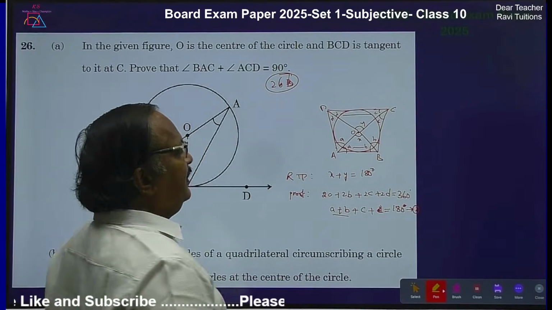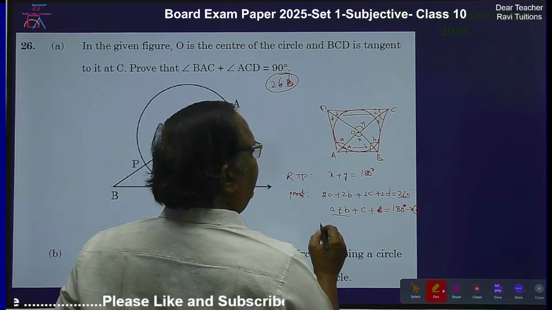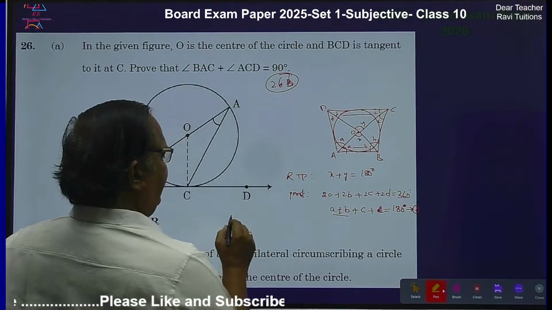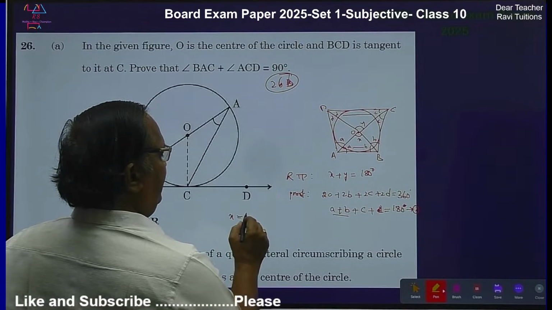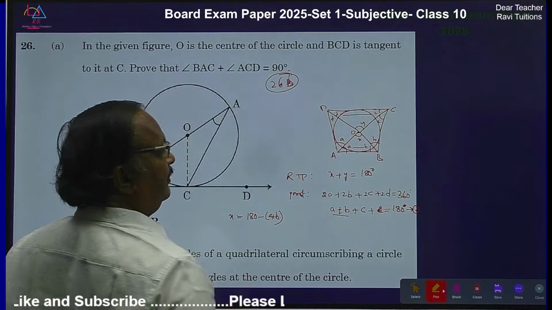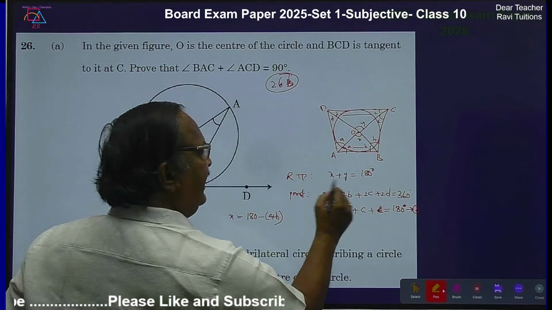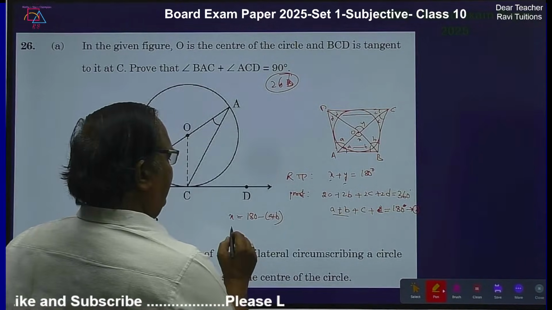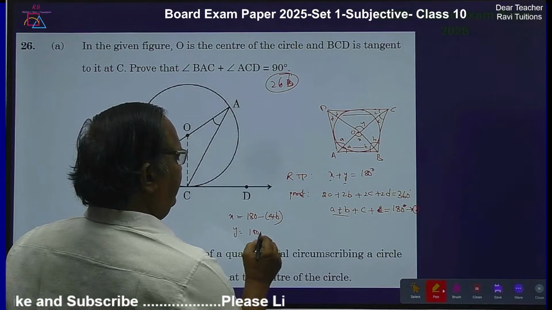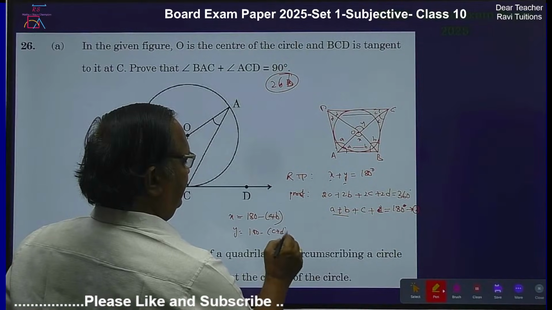So now here already X is there. How much is the X value here? X is equal to, I will write here, X is equal to 180 minus (A plus B), because ultimately we need X, we need Y, and Y is equal to 180 minus (C plus D).